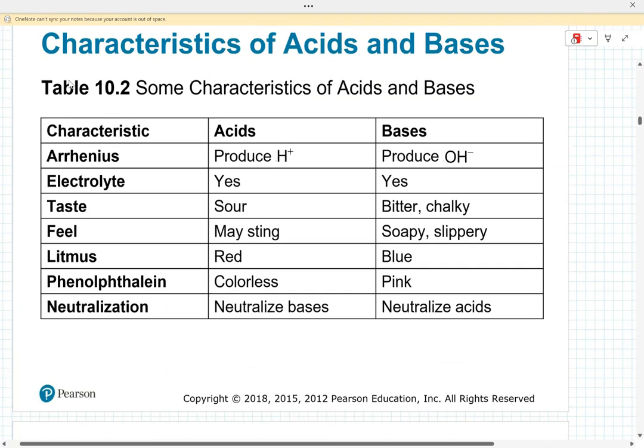Okay. Summary of characteristics. Acids neutralize bases, bases neutralize acids. What is the cheapest treatment, probably not the best, for acid reflux?